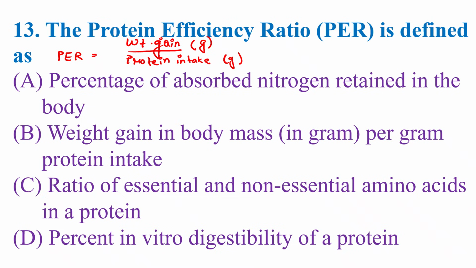So over here my correct option is B, that is weight gain in body mass in gram per gram protein intake. A protein efficiency ratio focuses on weight gain per gram of protein consumed, not on nitrogen balance or amino acid residues. Option A, percentage of absorbed nitrogen retained in the body, describes the net protein utilization, that is NPU.